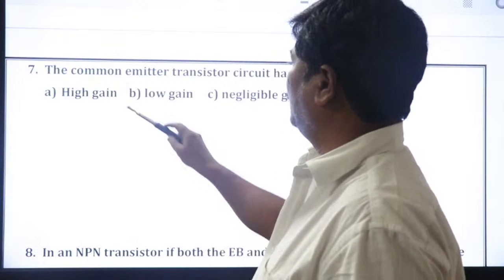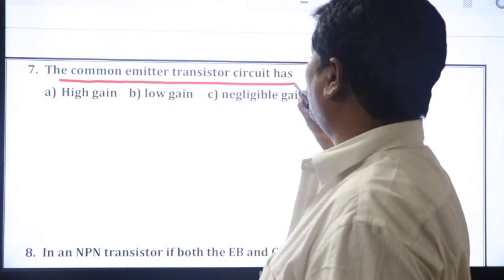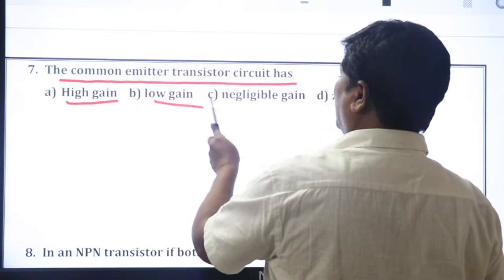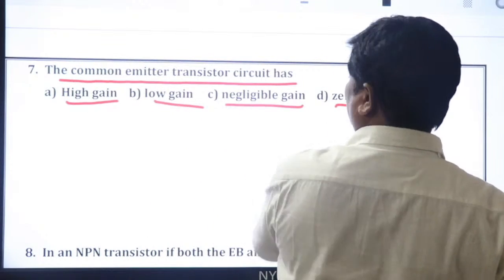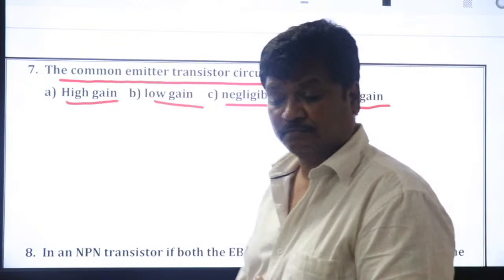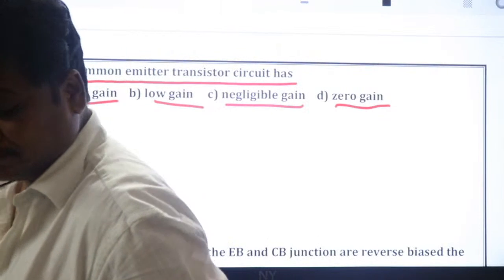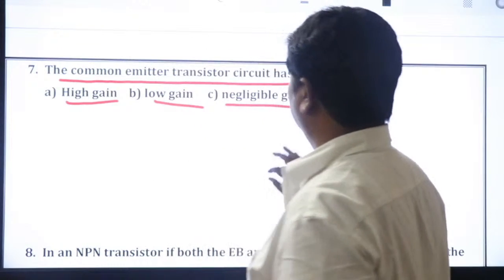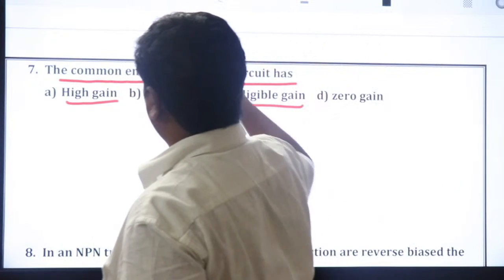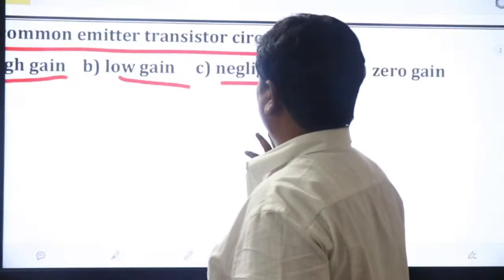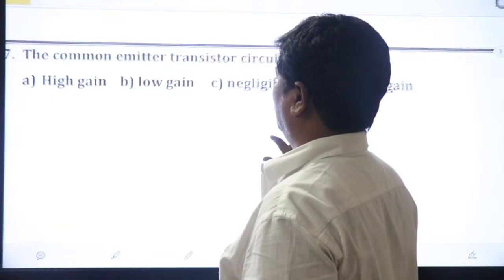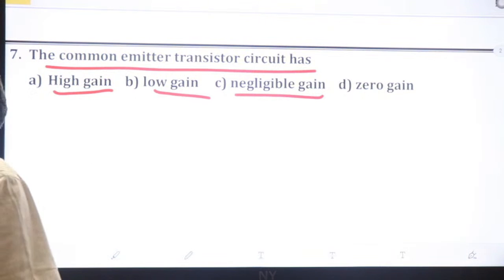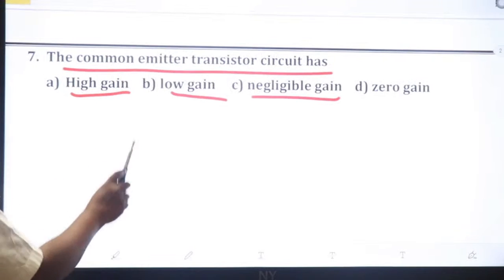Next, the common emitter transistor circuit has high gain, low gain, negligible gain, or zero gain. Always the gain should be high.